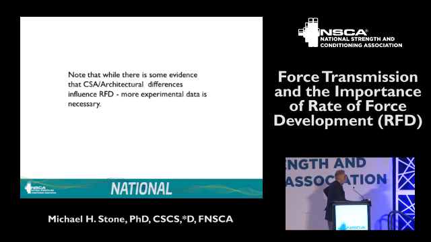Now, even though we've just gone through some evidence that the cross-sectional area, particularly the fiber type specific cross-sectional area and architectural differences, influence rate of force development, obviously there's a lot more experimental evidence that's necessary. And this might be a good thesis or dissertation for some of them.